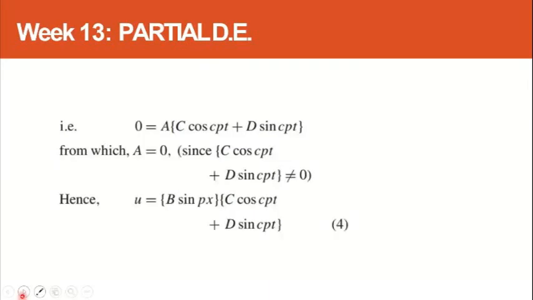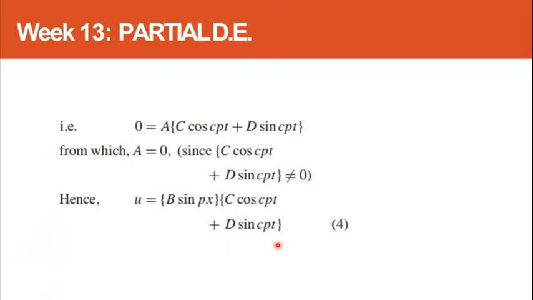And next, since that is our equation, for example, we have 0 is equal to a times c cosine cpt plus d sine cpt. This will be our value for the formula.